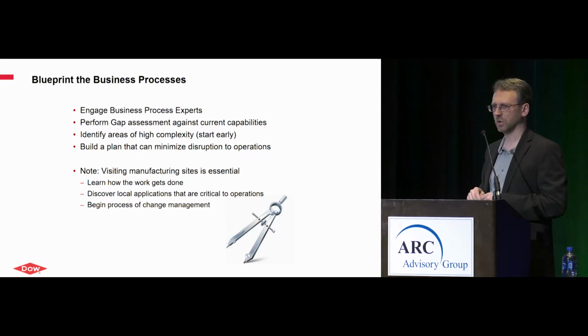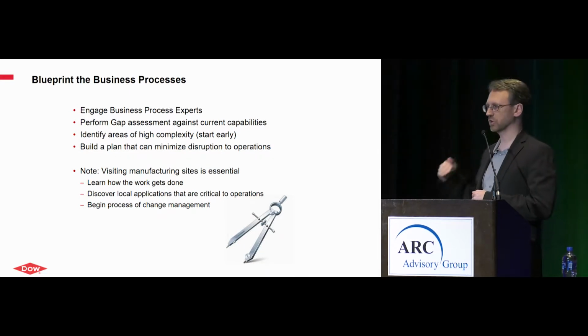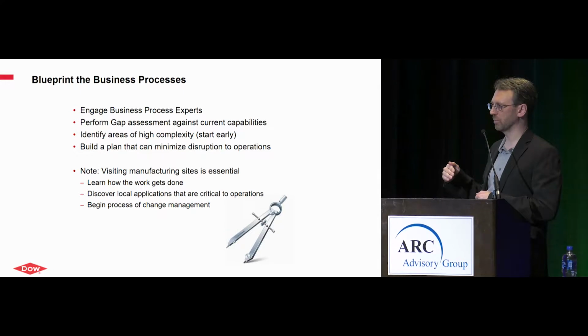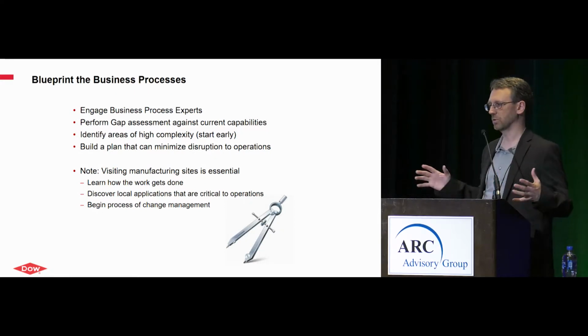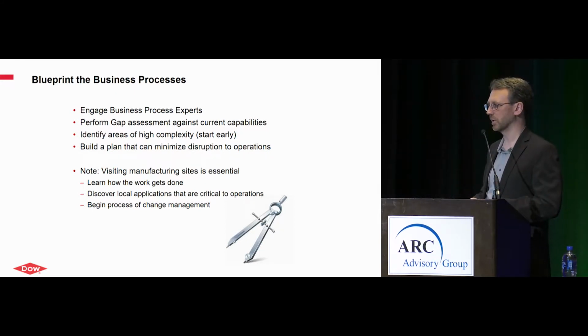In manufacturing, though, you really have to go visit the plants. You have to understand what's really going on at the shop floor level. If you don't understand the business process at that level, you're going to create huge problems when you try to harmonize even the ERP systems, let alone try to harmonize any sort of integration that's happening at the MES layer.